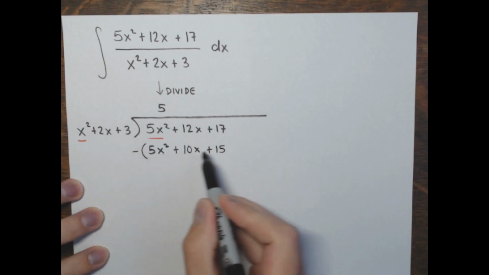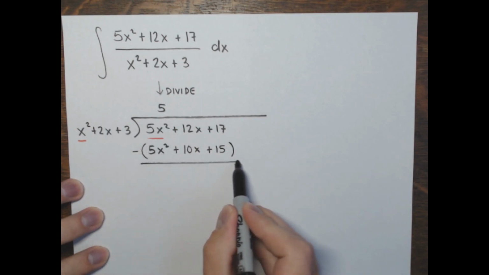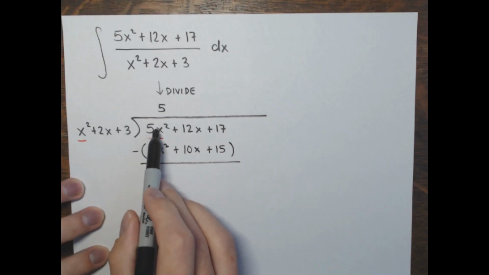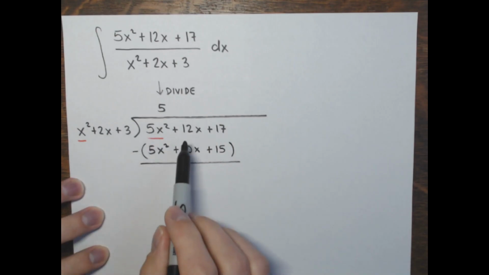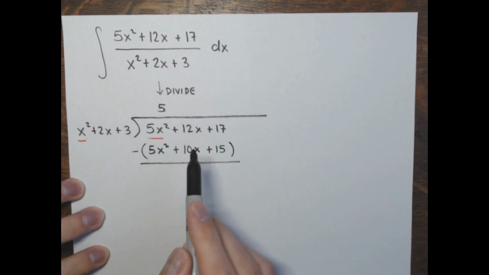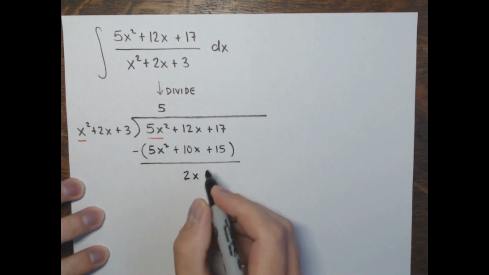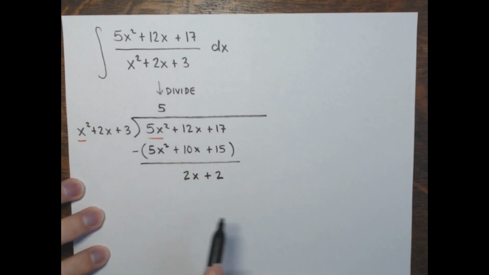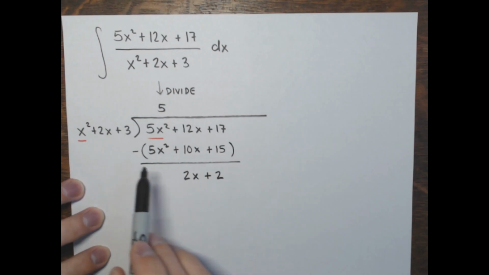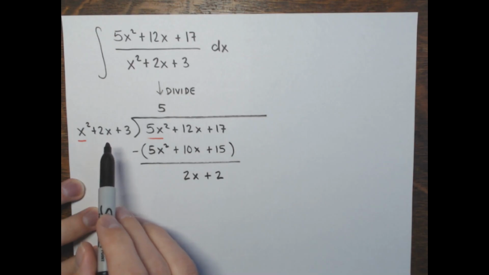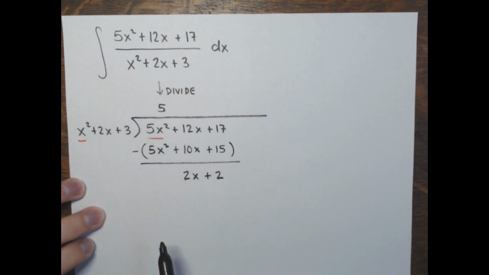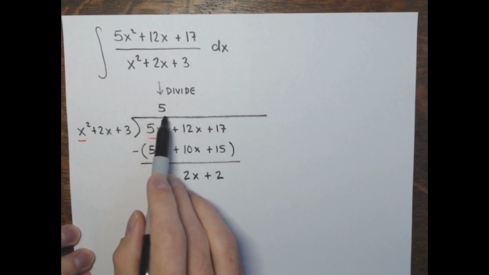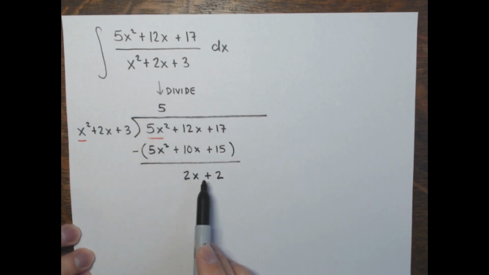And then you subtract all of that from the line above it. 5x squared minus 5x squared is nothing. 12x minus 10x is 2x. 17 minus 15 is positive 2. And that's it. The degree of this is 1, and the degree of my divisor is bigger, so I'm done with the division. My quotient is 5, and the remainder is 2x plus 2.